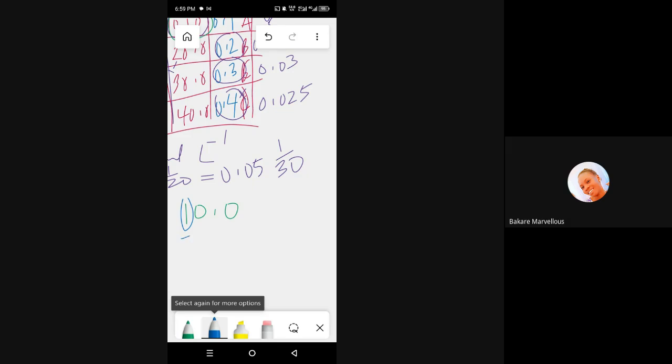You count 1, 2, 3. So that makes it 3 significant figures. Sir, is it because it's in centimeter? No. You start counting from the non-zero digit. And what's the first non-zero digit? 1. So that's how to count significant figures.